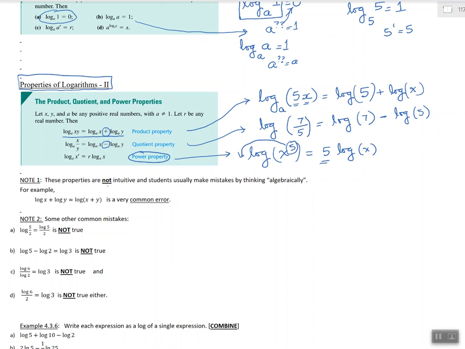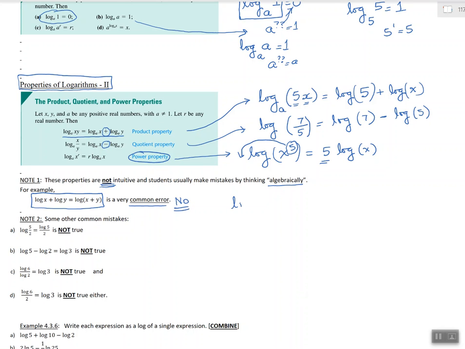Again, these properties are not intuitive, and if you think algebraically, you would make mistakes. A classical and very common error is the following: the temptation, when you see log of x plus log of y, is to say that would be log of x plus y, and that is not true.